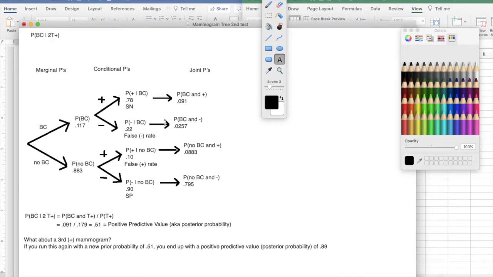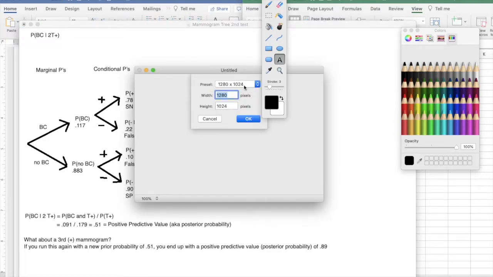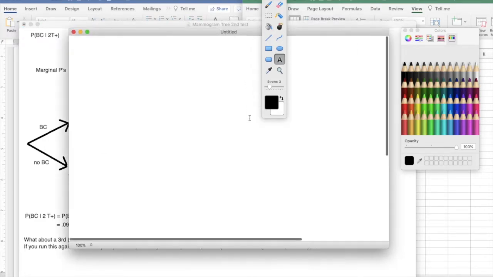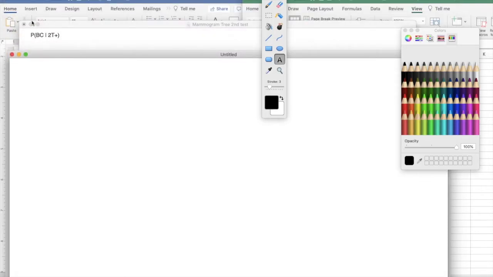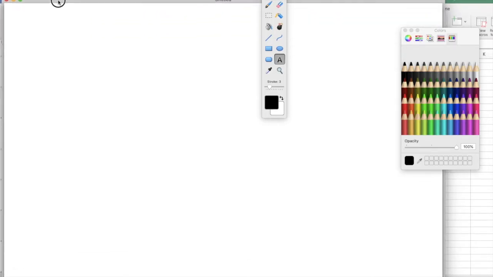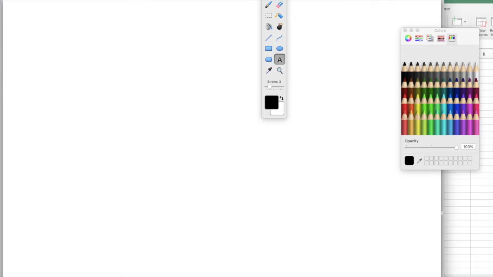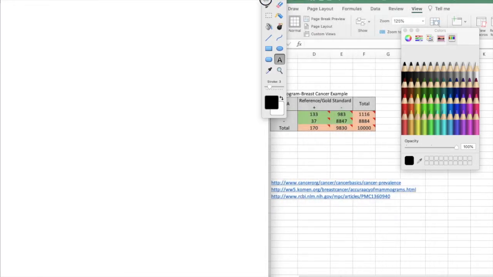Oh, here you go. Here's one. I'm going to make a new one. Paintbrush is where all the magic happens in life. Okay, we're going to use the mammogram data. So what do we know?